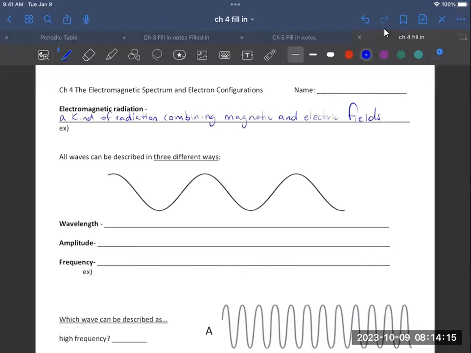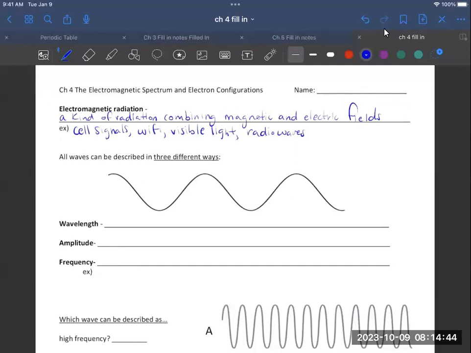This radiation makes up so many things that we use in our everyday lives, like cell phone signals, Wi-Fi signals, visible light. So the light that we see that comes in our eyes, that is electromagnetic radiation, and radio waves. Okay, and there's a lot more that goes into it.